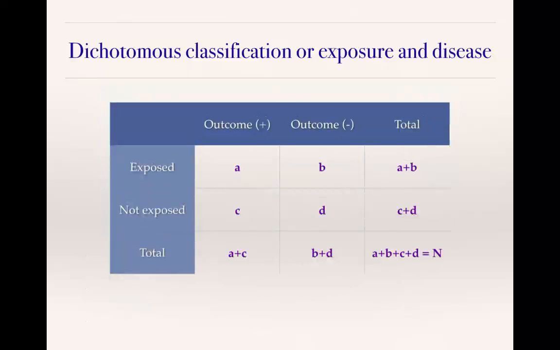The case control study, on the other hand, begins with the selection of the group of cases, A and C, and the group of controls, B and D. So unlike the cohort study, which selects on exposure, the case control study selects on outcome.